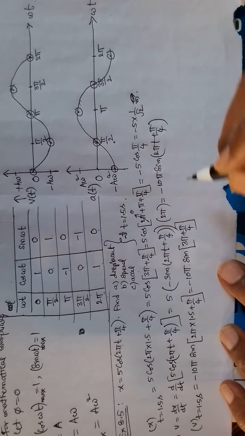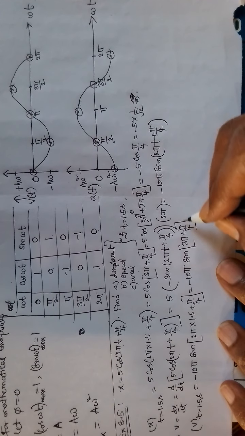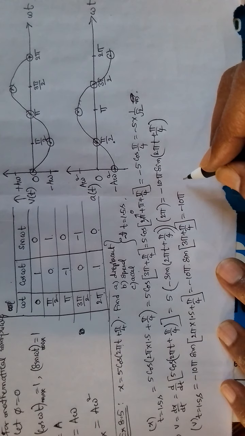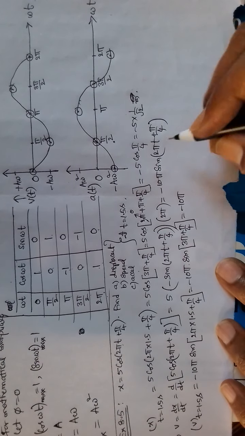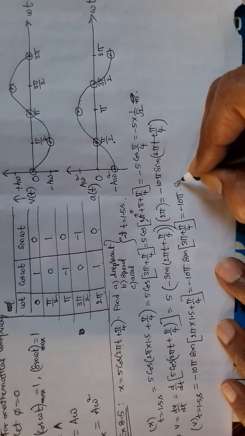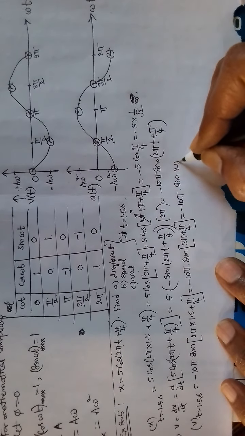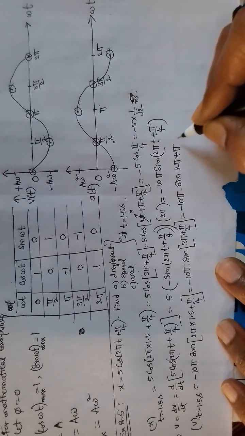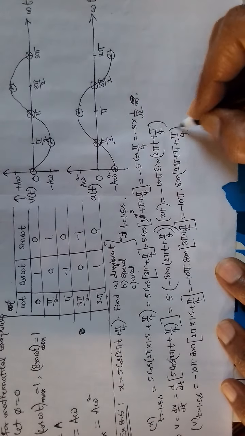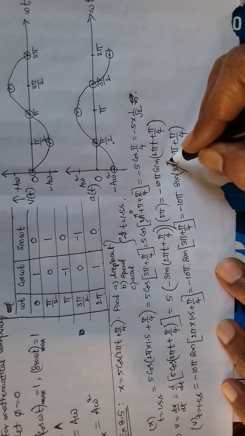So here minus 10 pi sine (2 pi plus pi plus pi by 4). 2 pi means 0.